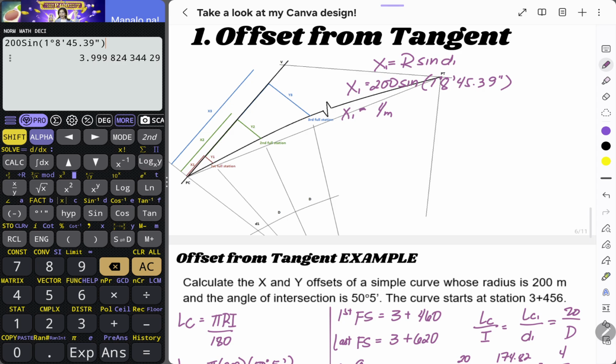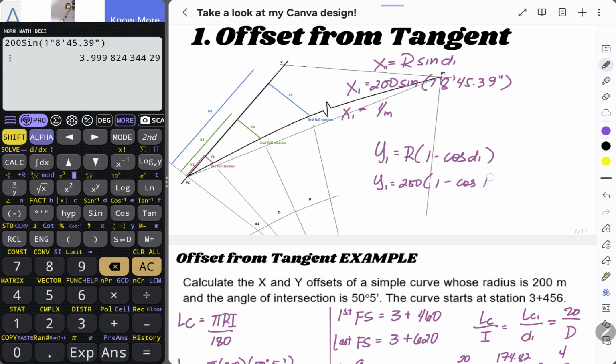Okay. For our y sub 1, magiging r times 1 minus cosine d1. So, y sub 1, 200 times 1 minus cosine ni 1 degrees 8 minutes 45.39.